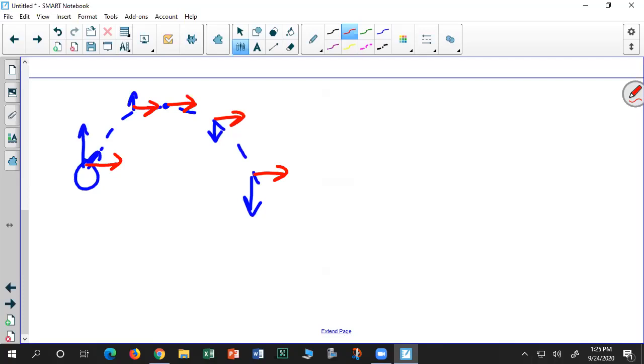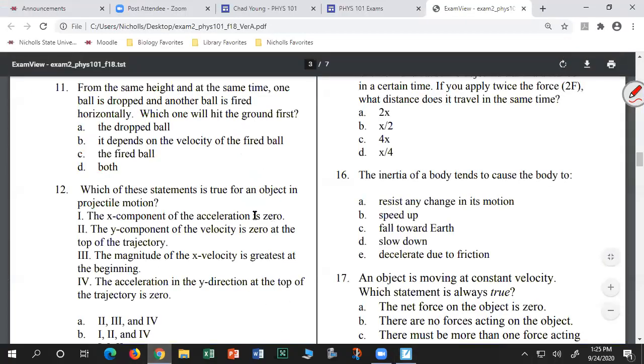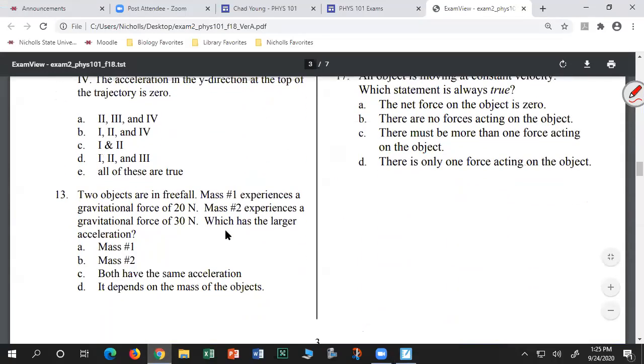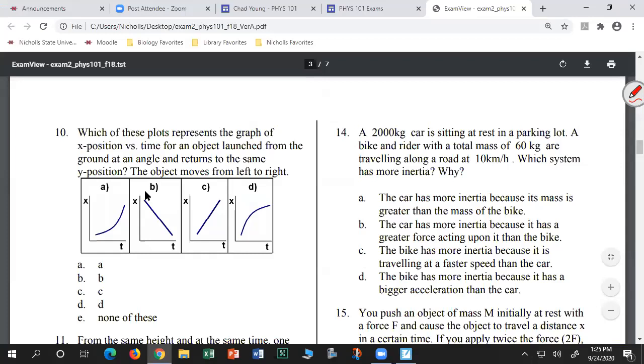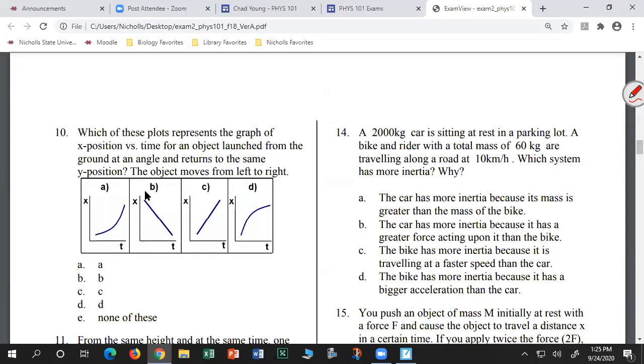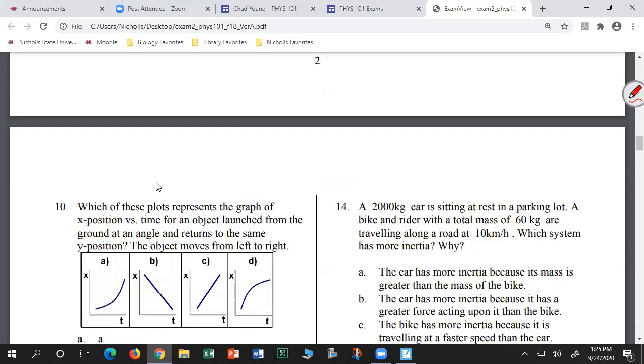Because the acceleration in the y direction is always negative 10. So you'll see questions like these. They're just sort of asking you about projectile motion. Make sure that you know how to identify these graphs, that you can identify the x and the y motion for projectile motion correctly.